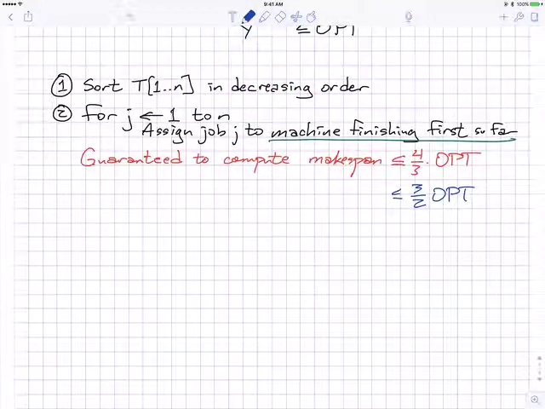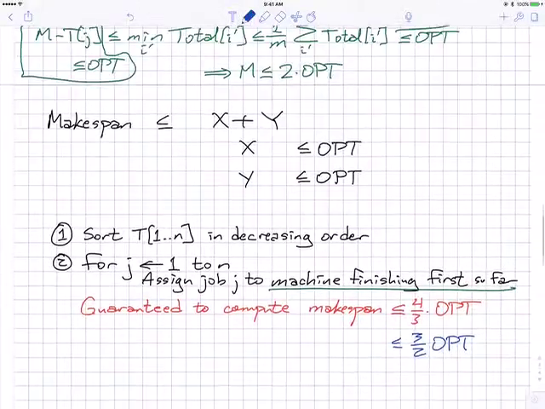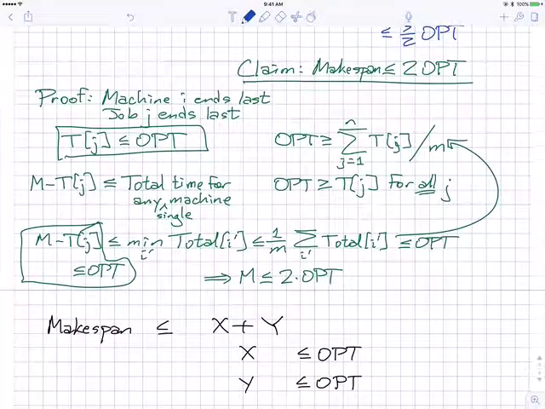The factor 2, by the way, is the best that you can hope for that particular algorithm. Yes? So did you essentially say m minus t of j plus t of j is less than or equal to alpha plus alpha? Yes, that's right. So the final puzzle pieces are, I take these two things in the green boxes and I just sum them up.